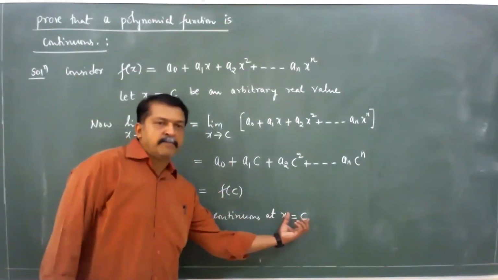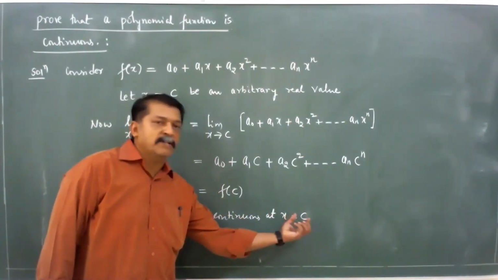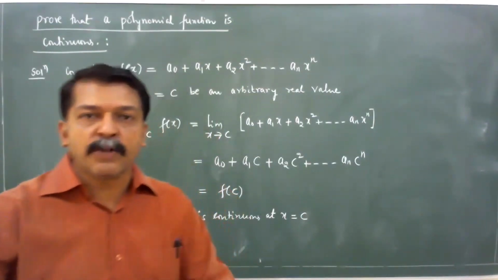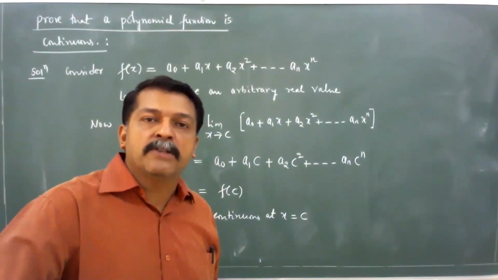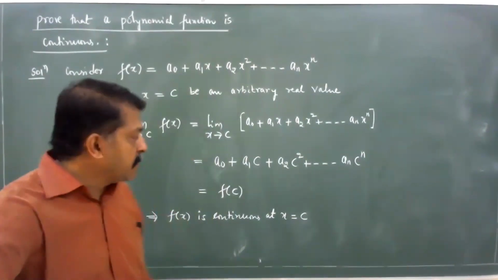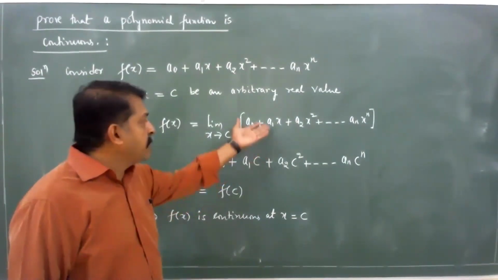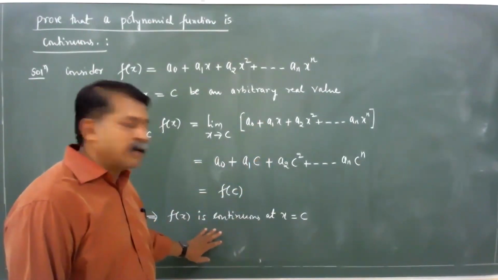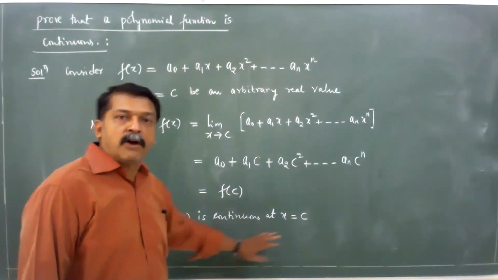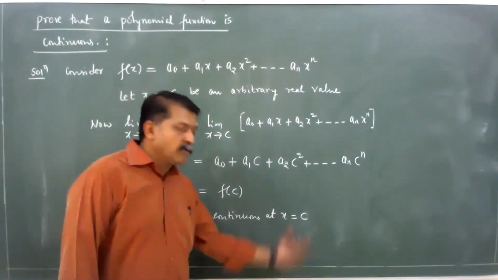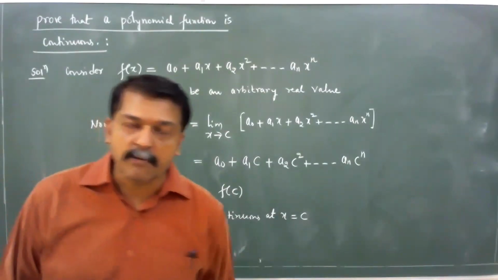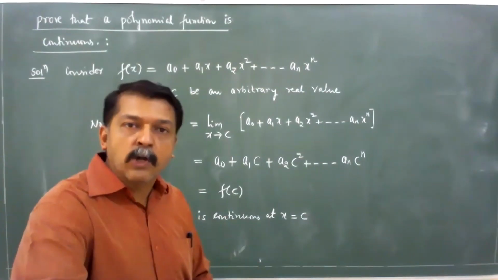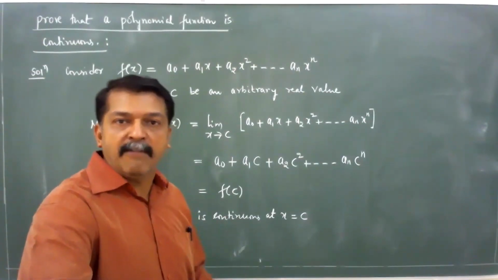Since c is arbitrary, the point c that we have taken is arbitrary. Arbitrary means there is no restriction on the choice of x is equal to c. You can verify this result for any real value. So in general, we can say that the function is continuous for all real values. x is equal to c is an arbitrary value. If you prove a result for an arbitrary value, we can conclude the result for all real values.